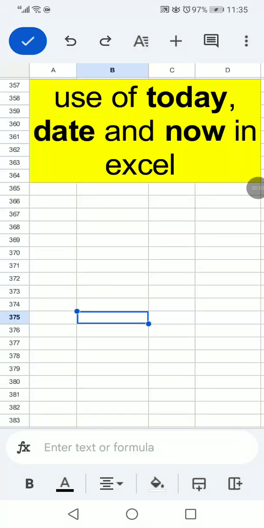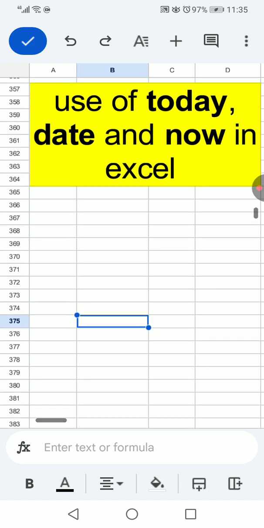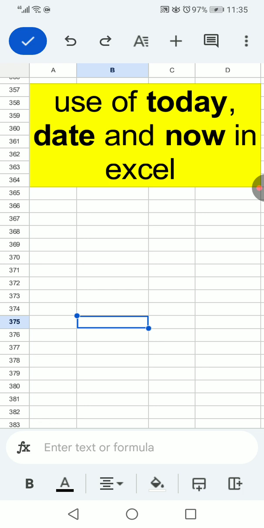Today's target is to understand how to use the commands TODAY, DATE, and NOW in Excel. You may have understood that these are words used in English, but actually these are formulas which we can have in Excel.